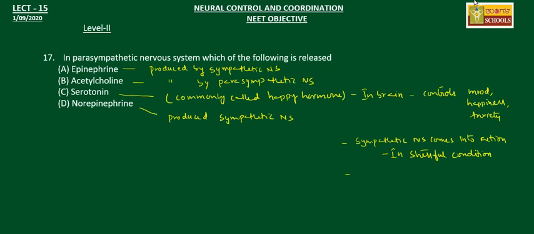So we take the option acetylcholine, which is concerned with the parasympathetic nervous system. The other hormones are concerned with the sympathetic system or the brain. So the right option is B, acetylcholine, which is released in the parasympathetic nervous system.